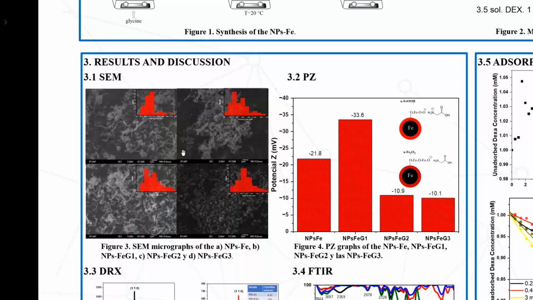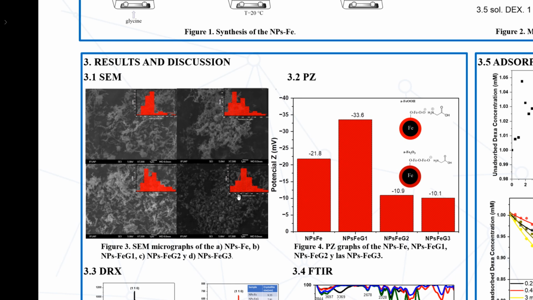From these micrographs, the particles present a quasi-spherical morphology in a chain type arrangement due to their magnetic nature. However, this arrangement differs for the iron nanoparticles with glycine 3, which is the one with the largest amount of glycine utilized.